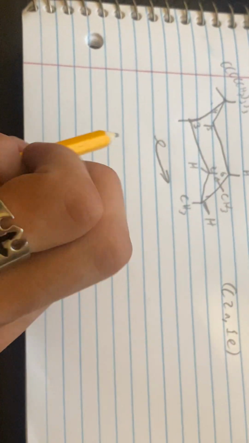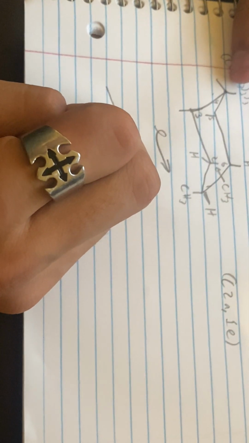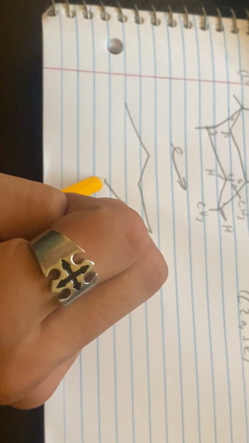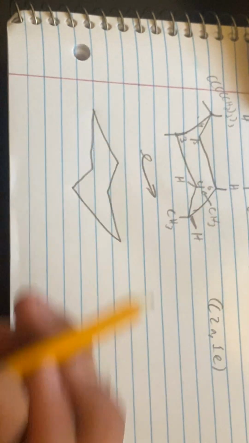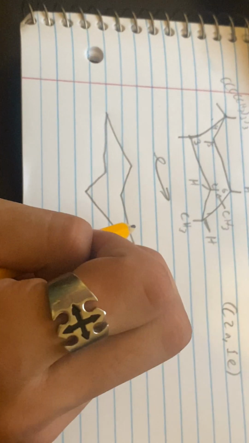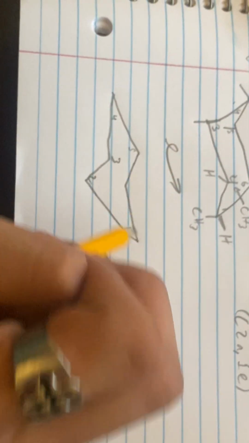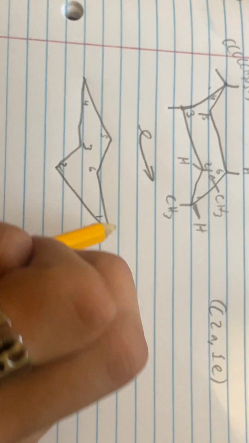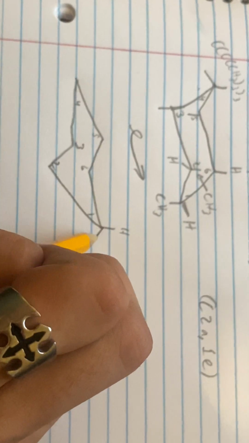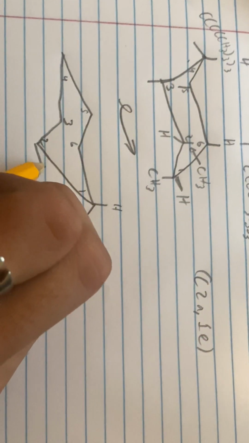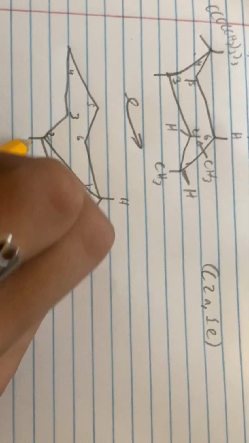To do this, we have to write the flip chair, and let's actually write it hopefully better or decent, like a lightning bolt, nice. So we have 1, 2, 3, 4, same way to number it. Right here we have hydrogen going up and CH3 going to the bottom, CH3 going up again, and then hydrogen going bottom.